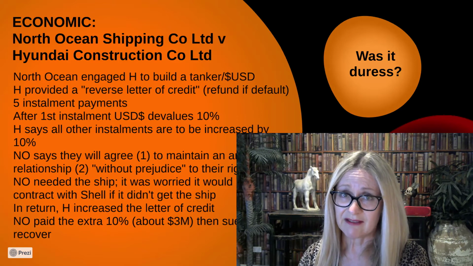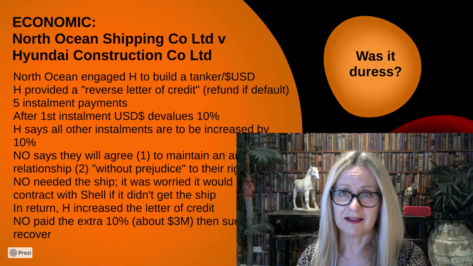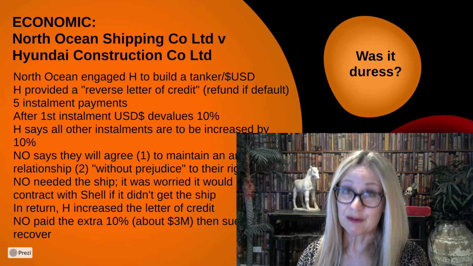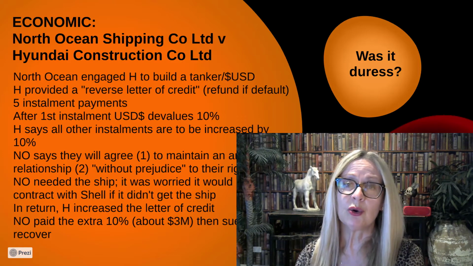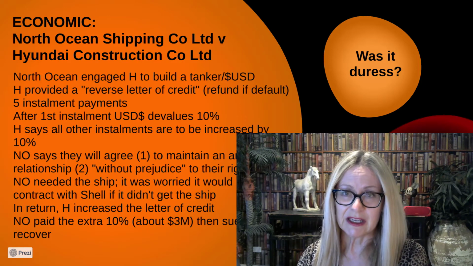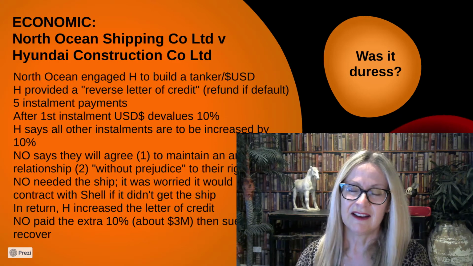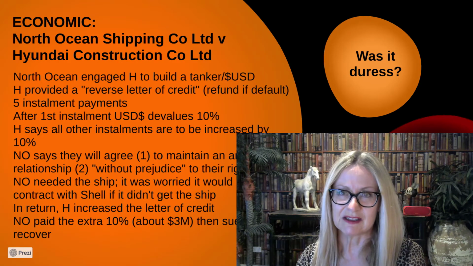Hyundai weren't going to take that lying down at all. And so they turned around and said to North Ocean, okay, you've paid us the first instalment, thanks very much, but from now on, all of the rest of the instalments are going to be increased by 10%. So they were effectively passing on the impact of the devaluation of the US dollar.